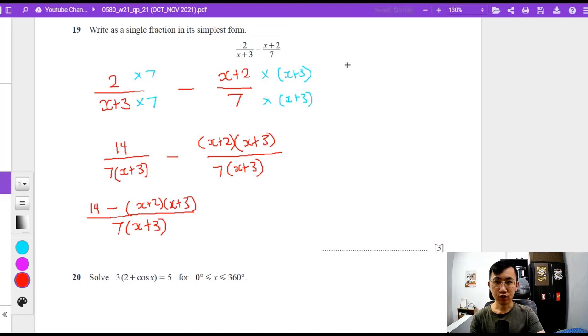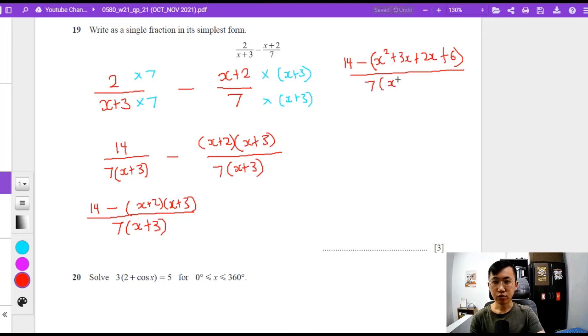Alright, so 14 copy back minus copy back, let's use FOIL. Okay, so you will get x squared, remember to bracket, okay, because here we have to multiply with -1 soon. So FOIL, x squared, outside will be 3x, inside will be 2x, last 6. Alright, keep copying and show your working.